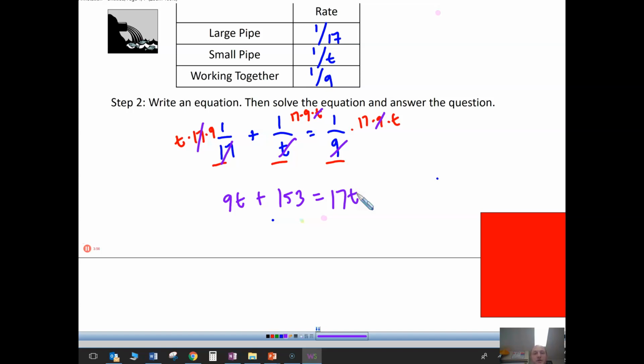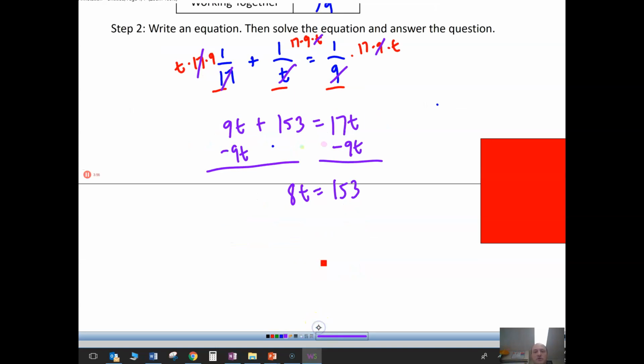So I can solve for 17t by subtracting 9t on both sides. Okay, and we get 8t is equal to 153. So we'll solve by dividing both sides by 8. Okay, and you get t is equal to 19.125.